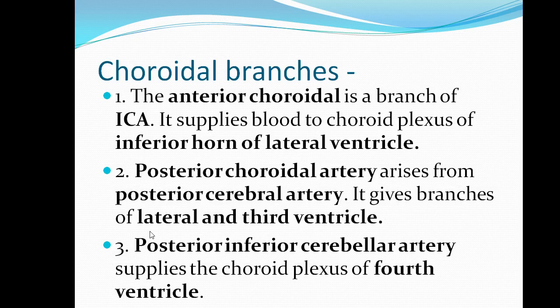It gives branches to the lateral and third ventricle. The posterior inferior cerebellar artery supplies the choroid plexus of the fourth ventricle. So the choroid plexus of the lateral ventricle and third ventricle is supplied by the anterior choroidal and posterior choroidal artery.